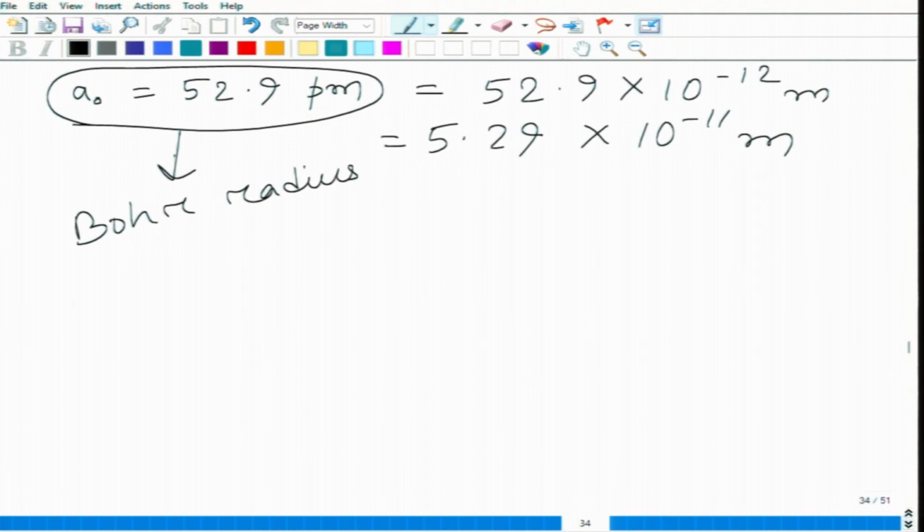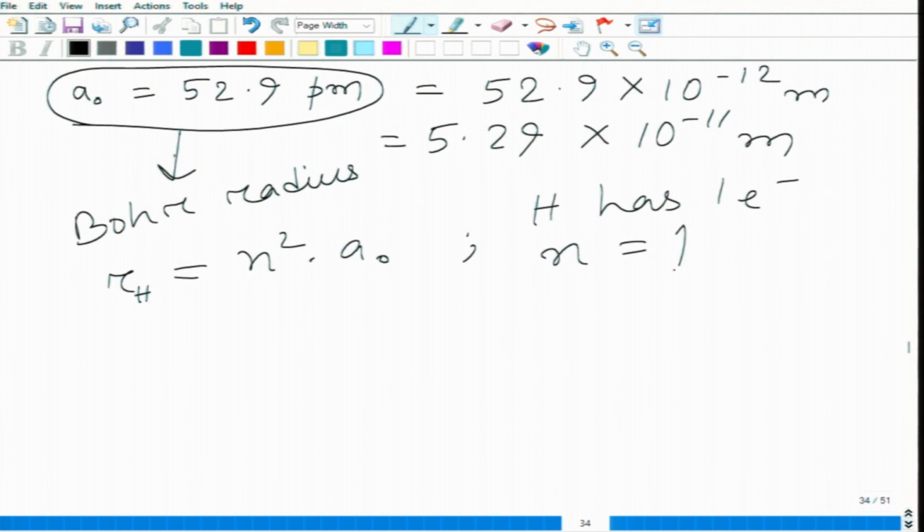Why? Because Bohr's model was for hydrogen atom, and the hydrogen atom will have a radius of n squared into a naught. Now hydrogen has one electron, and this will be in the first orbit, so n equal to 1.